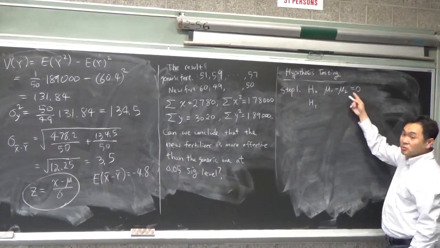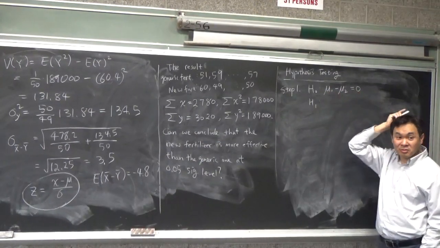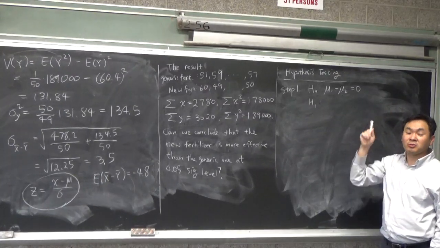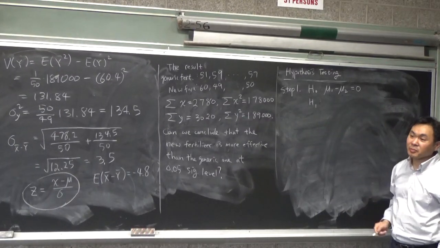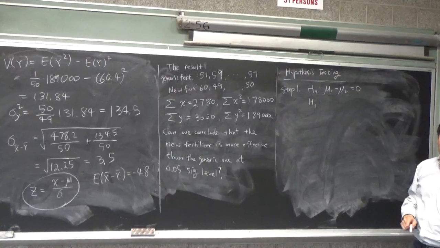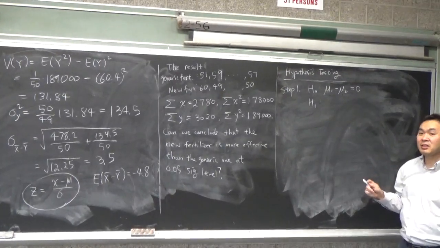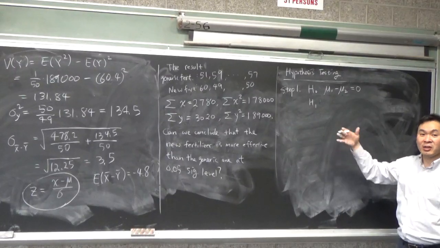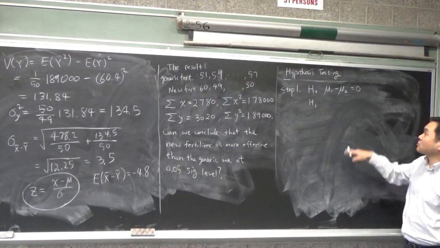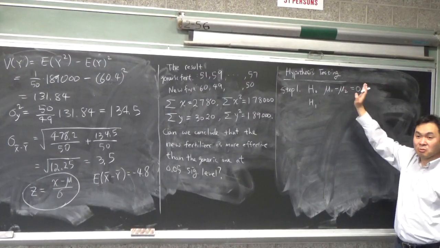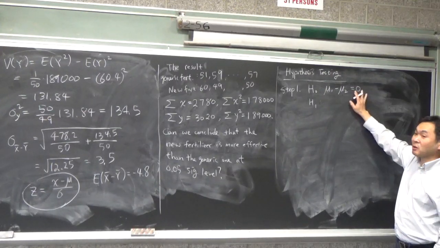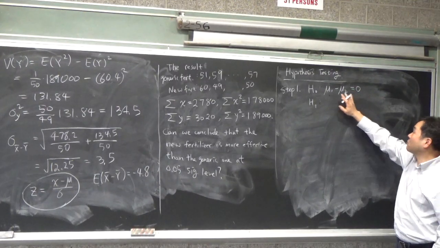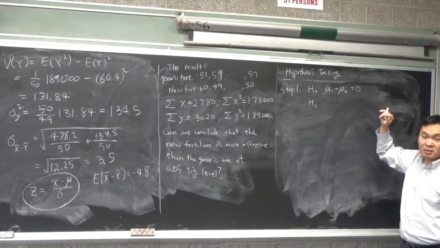It's always equal to something for hypothesis testing of mean, and also for the proportion. Later on, we'll have different types of hypothesis testing, so we'll see some other variations, but at least for the hypothesis testing of mean or the proportion, the null hypothesis always takes the form of something equal to something.